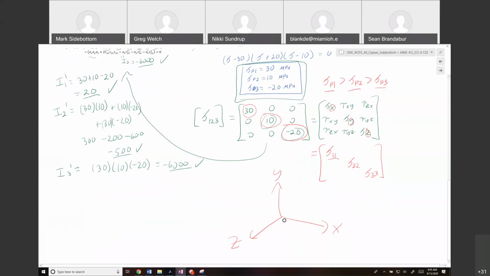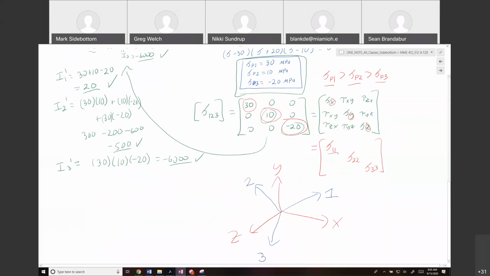I'm just drawing this; this is not the actual coordinate system. I'm just trying to show you what it could look like. Your coordinate system could look like this for your principal axes, 1, 2, and 3.